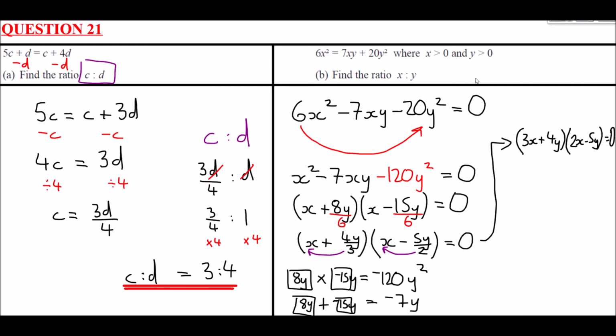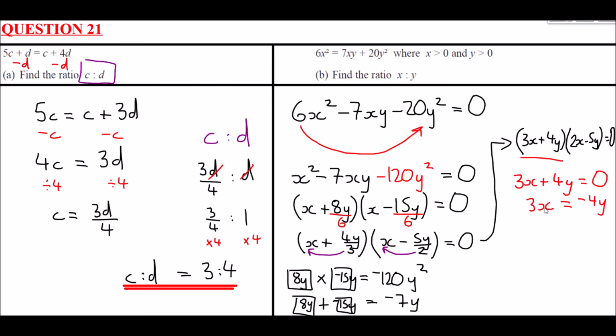Now, we're told here that x and y have to be greater than 0. So if you've got one bracket times by another, either the first bracket is equal to 0, so maybe it's 3x plus 4y is equal to 0? If that's the case, then subtract 4y from both sides, we'd have that 3x equals minus 4y. So let's think about that.